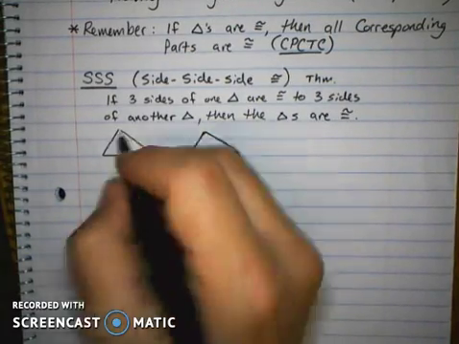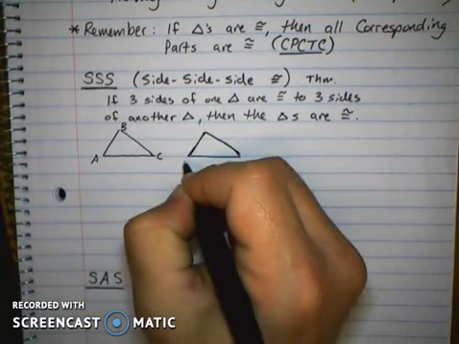So I've got 2 triangles. I'll call one ABC and the other DEF.